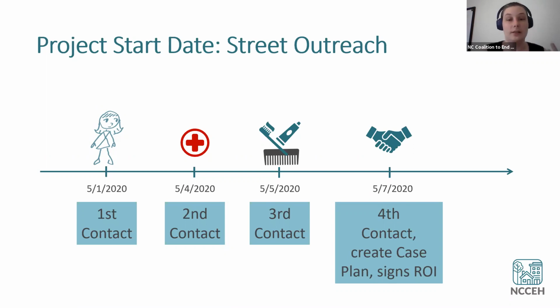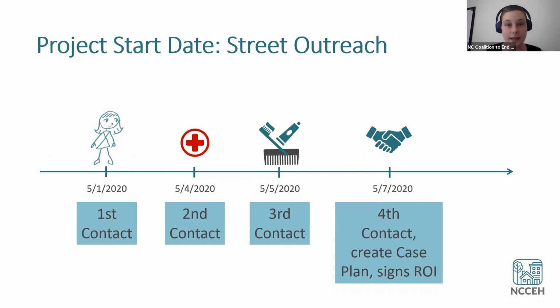And then on the 7th of May, on our fourth contact, there's actually an agreement with the client. There's a case plan agreed to, and she signs the ROI, a key step there. So what is the correct project start date for our client?